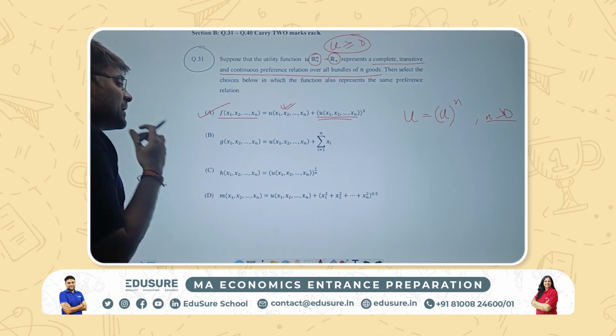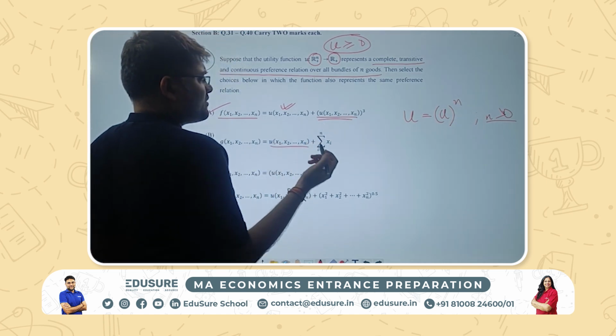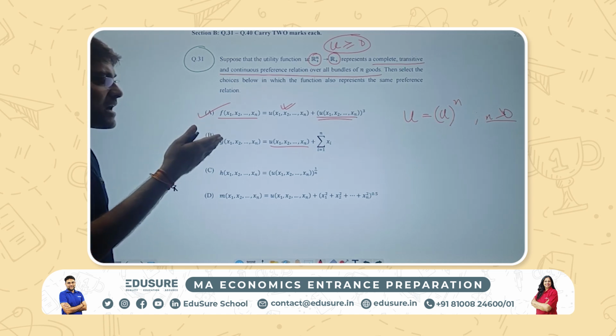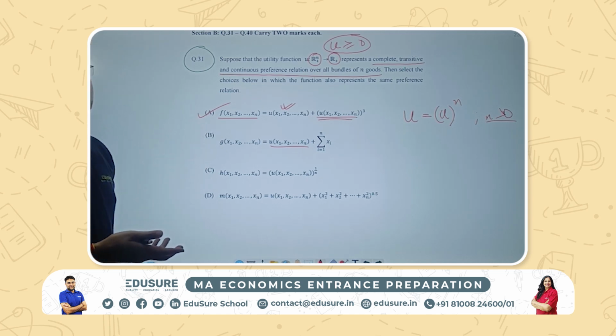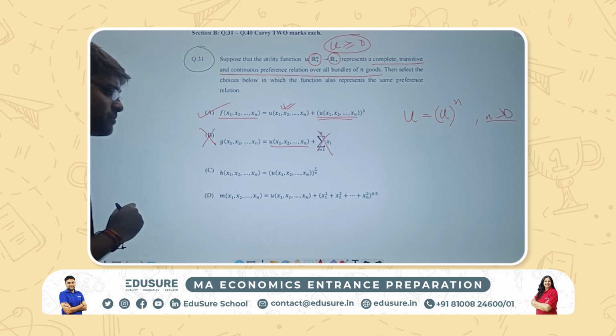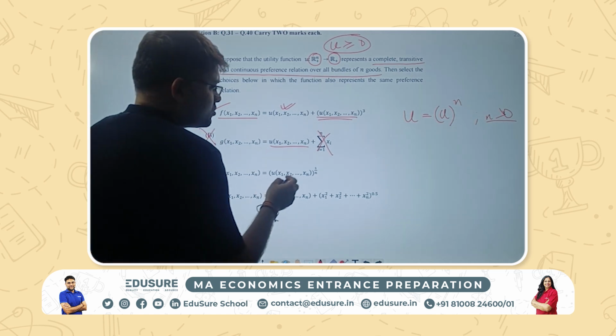B, U plus the summation of xi. Now, the utility function may not be such that each of the xi is a monotonic transformation of the utility function itself. So this is not a monotonic transformation, hence overall this is not a monotonic transformation. Now, U to the power of 1 by n.